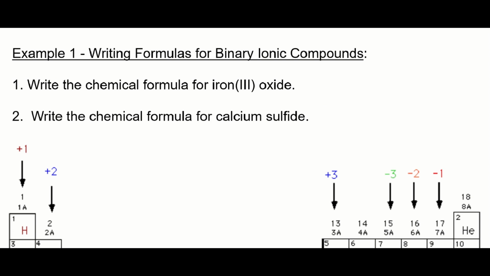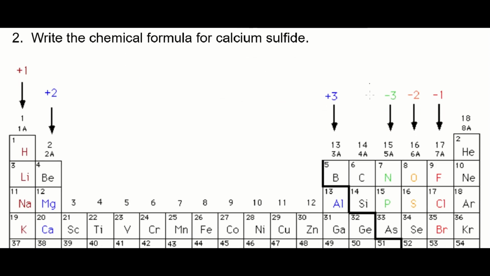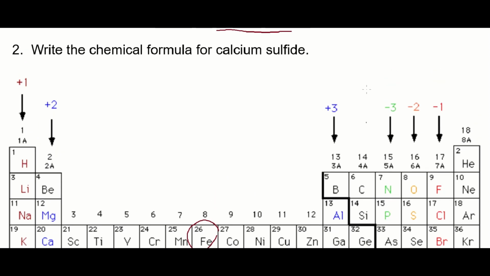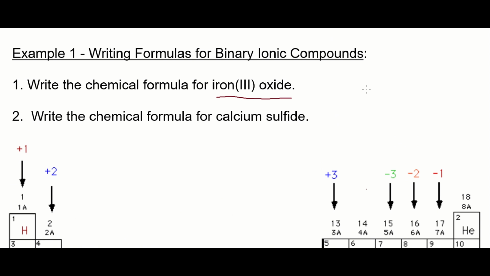All right, write the chemical formula for iron(III) oxide. Now, iron is a transition metal with multiple cation charges. If we're going to write the formula, we have to be given the charge of the cation, and we're going to give that to you in Roman numerals.